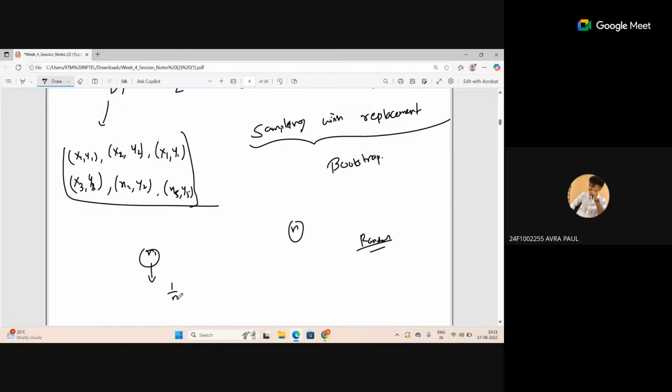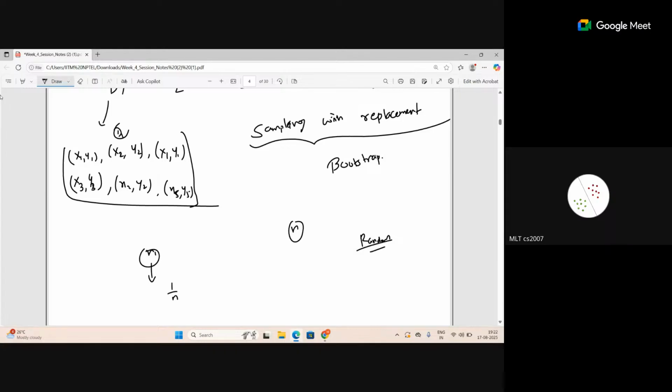We want to see in each data set how many times it will appear. And what is the chance that it will not appear? How many data points are you choosing in your D1 bag? N data points.